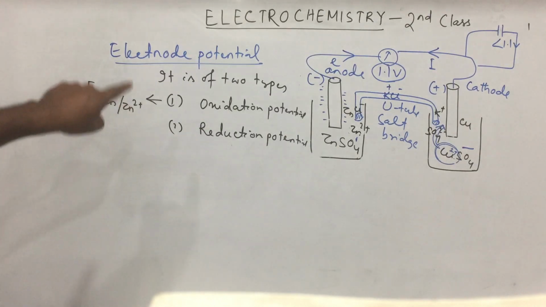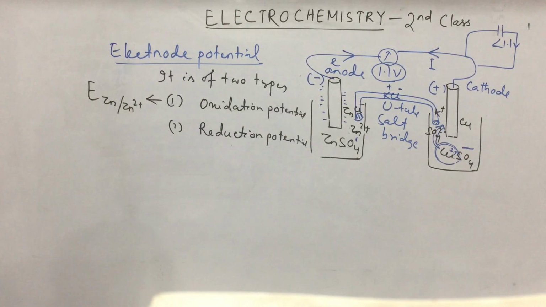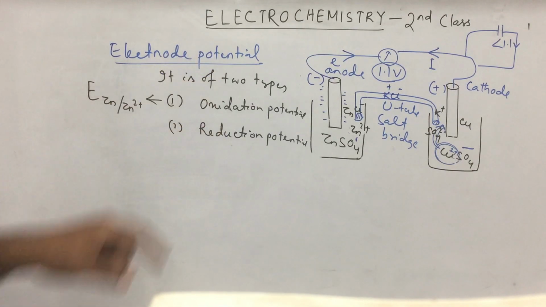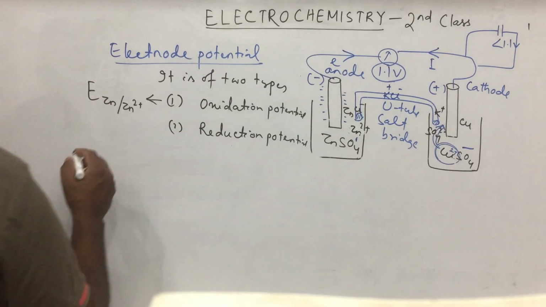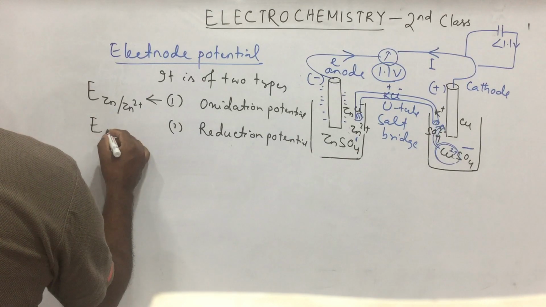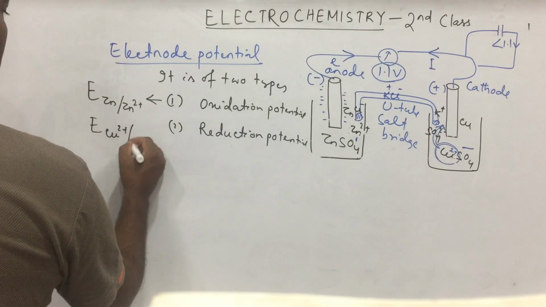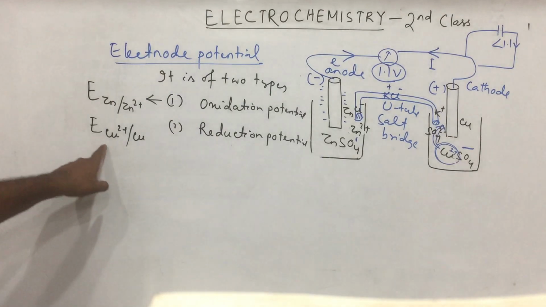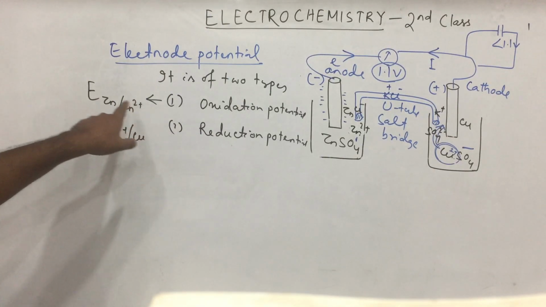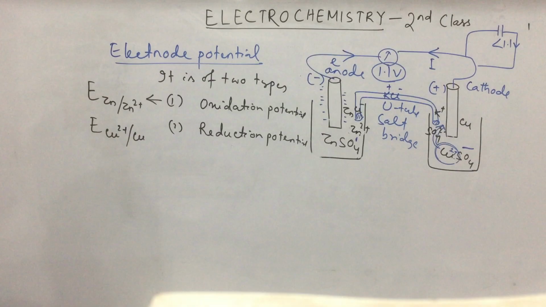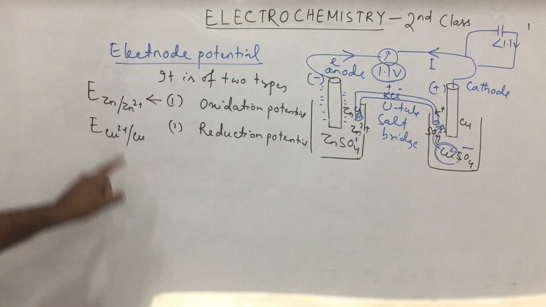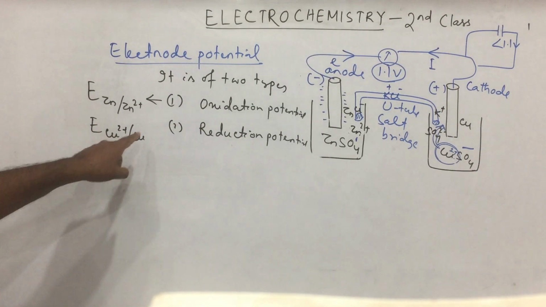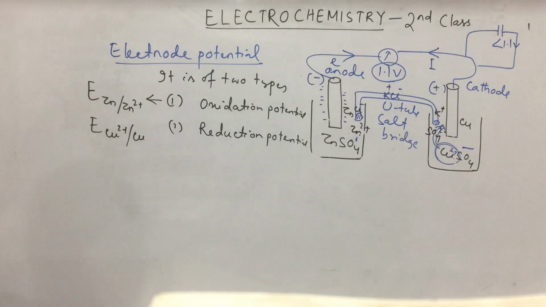So this is the oxidation potential representation. Similarly, reduction potential we can represent like this: E Cu2+/Cu. Copper 2+ undergoes reduction and zinc undergoes oxidation. Clear? So this is the representation of electrode potential.